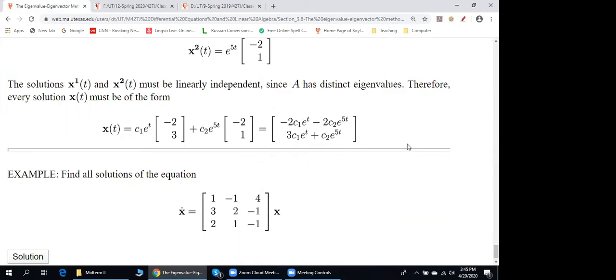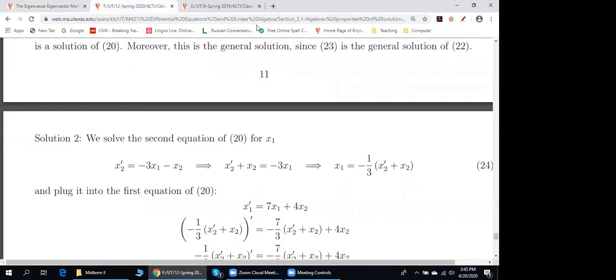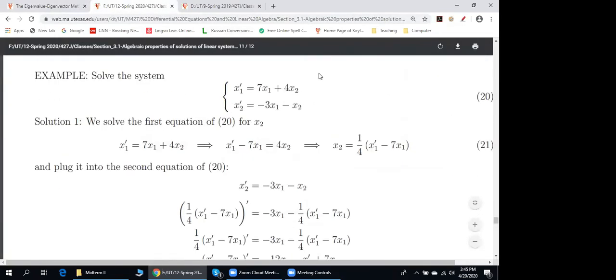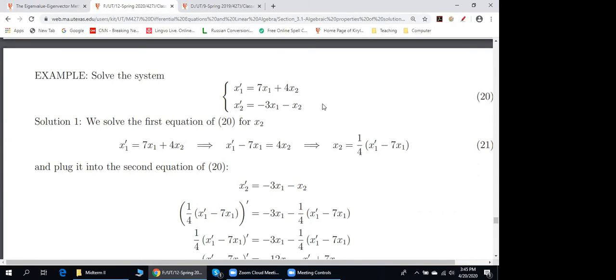Last example. Here we have a 3x3 system. Note that in section 3.1, we discussed only 2x2 systems. Of course, the question is whether it is possible to use the substitution method in the case of 3x3 systems.